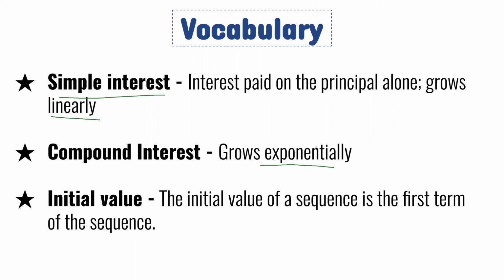So now that you know it grows exponentially, what do you think is happening to each term? It's growing by being multiplied from year to year or week to week or whatever the variable is, okay? And then initial value, hopefully by now we're okay with, it's the first term of the sequence.